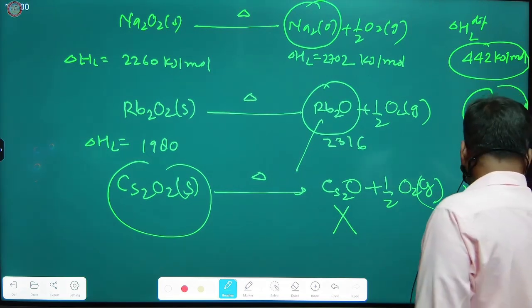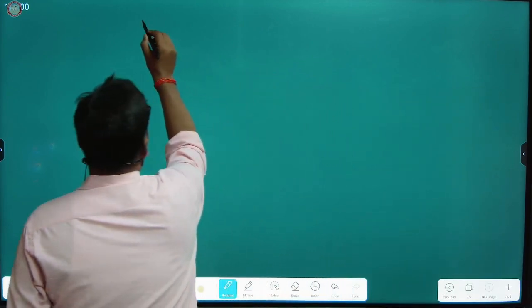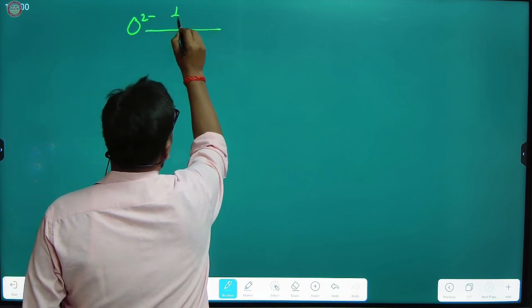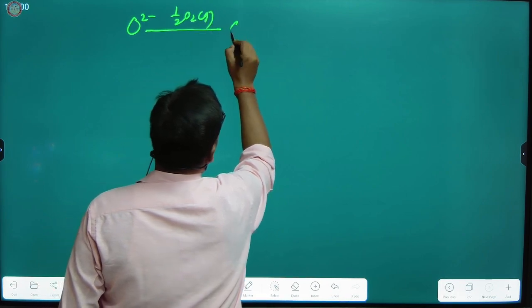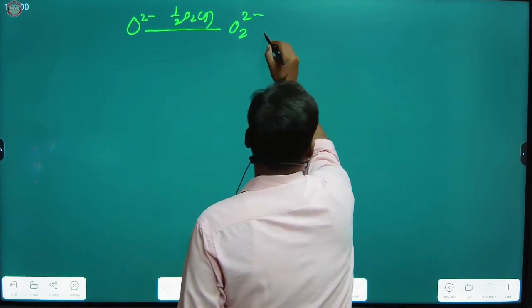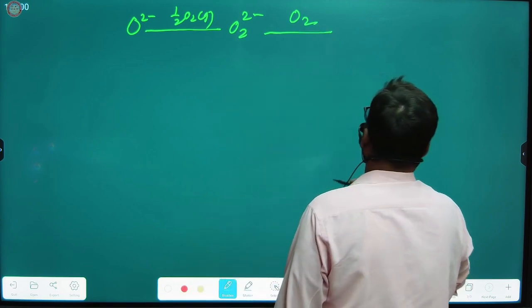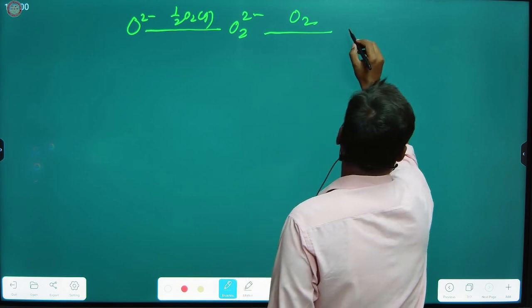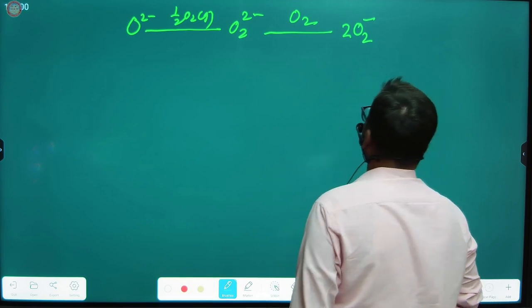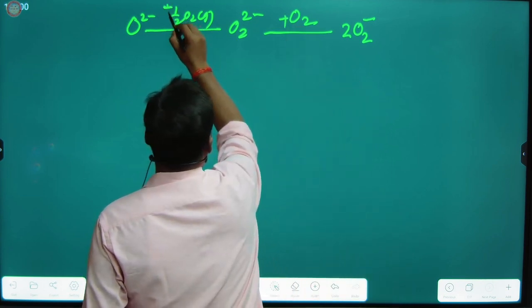Sometimes this oxide anion forms peroxide anion, right? So it takes another oxygen from the atmosphere and is converted into O2 2 minus, right?